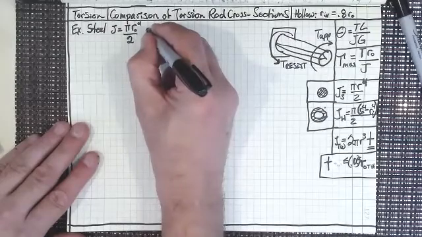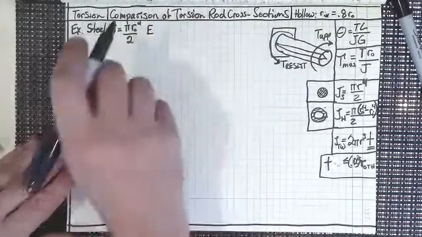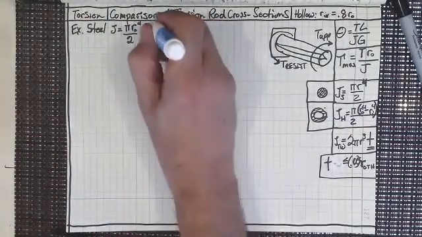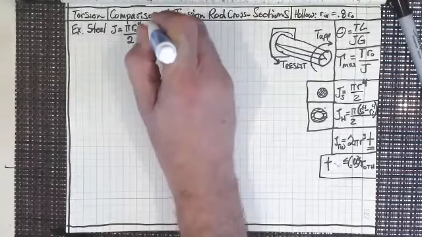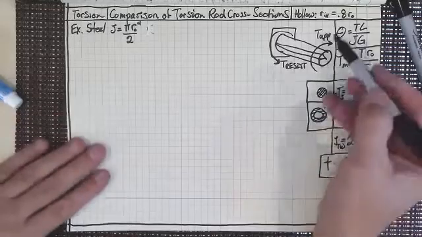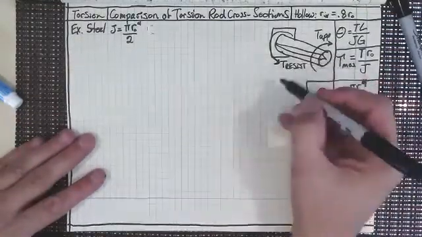We know that for steel, my modulus, wait a second, what am I doing? I'm not even dealing with Young's modulus anymore. I just think modulus and I immediately write Young's modulus. No, our modulus, everything in shear, everything in torsion is in shear.